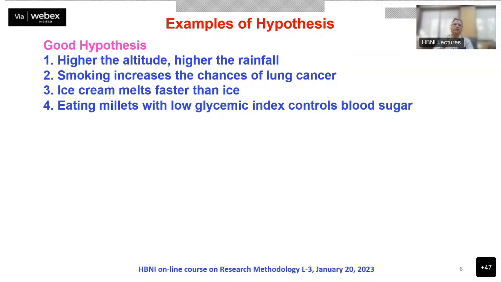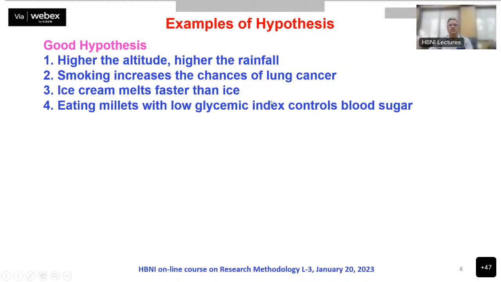You go to the different altitudes and you measure the extent of rainfall at different altitudes, and then make a plot, x-axis altitude, y-axis the rainfall, and you can see the correlation. It may be positive correlation, it may be negative correlation. If it is positive correlation, your hypothesis is true. If it is negative correlation, the hypothesis is false. That is how you can plan the experiment.